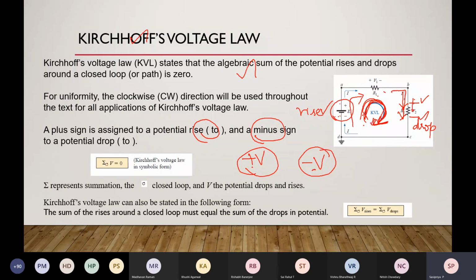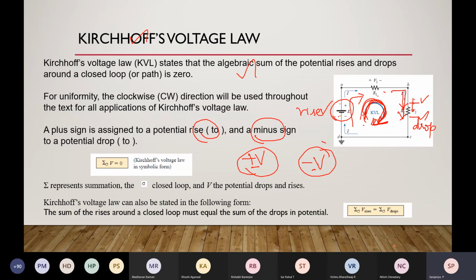Now, based on this, we have voltages. Voltage can be a rise. What is a rise? When the current flows from lower potential to the higher potential, that is a rise. When you have the current flow from higher potential to the lower potential, that is a drop. So we have the voltage rise and voltage drop, and let us have plus for the voltage rise and minus for the voltage drop.